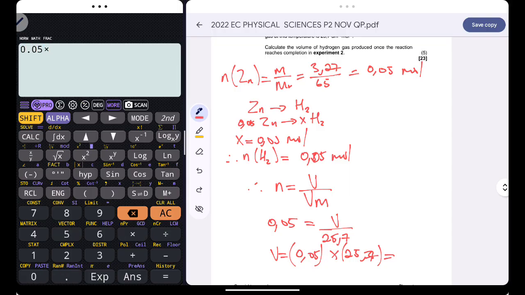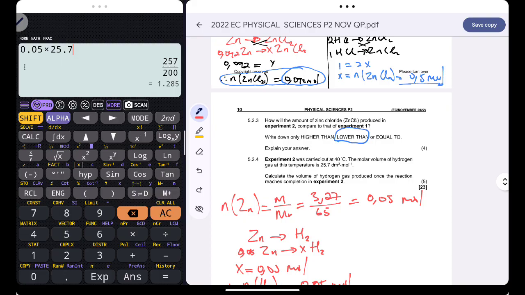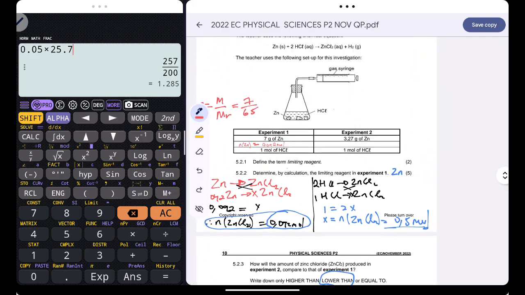So this is just 1.29 decimeter cubed. That's the amount of volume which was collected from the reaction of zinc and hydrochloric acid.